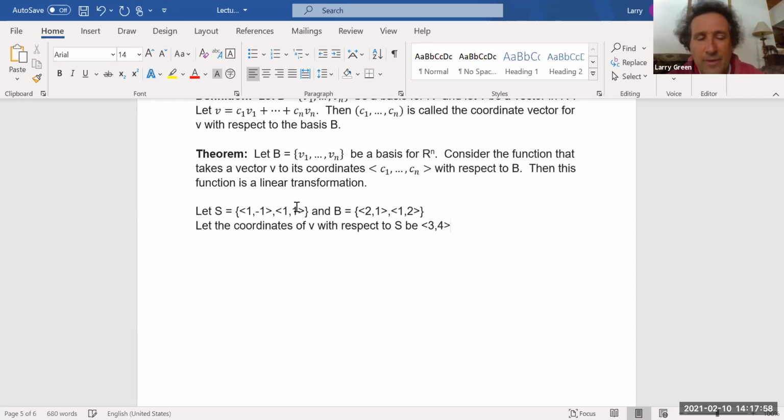The question is find the coordinates of V with respect to B. Any questions on the question? Do you all understand what I'm asking?